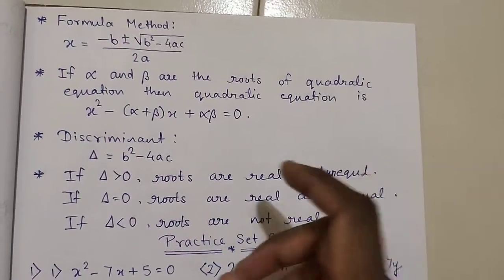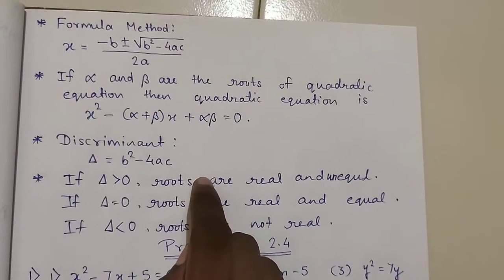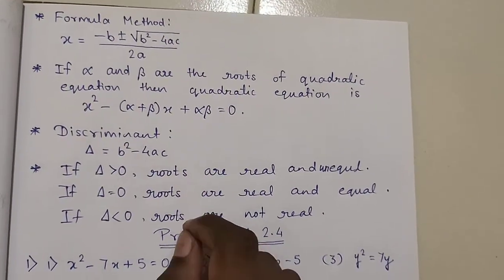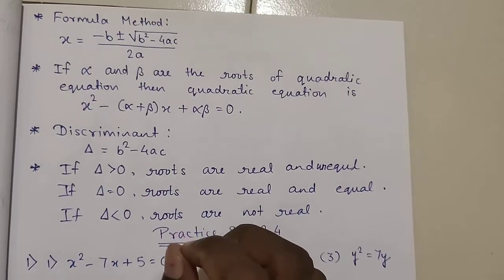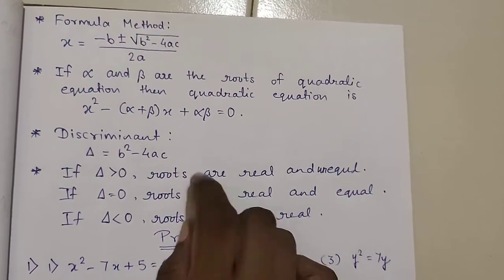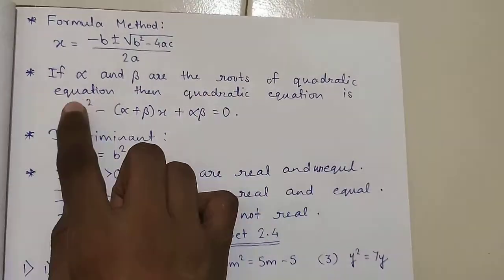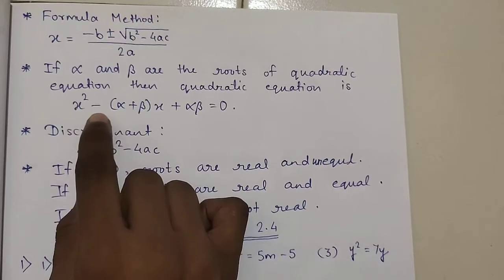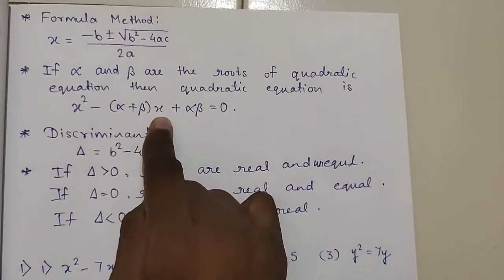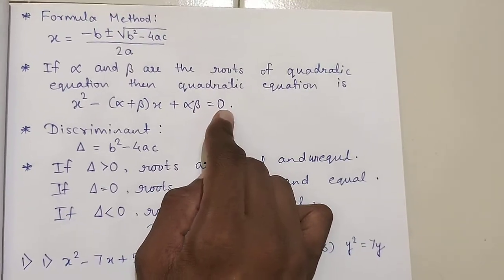This is the formula to find your quadratic equation whenever you already know your roots. So you should remember this formula: x square minus sum of the roots into x plus product of the roots equals 0.